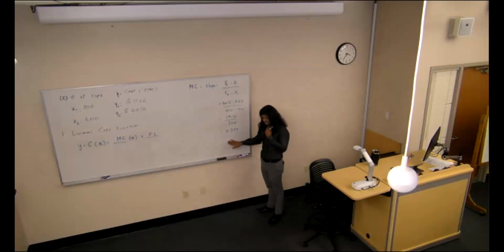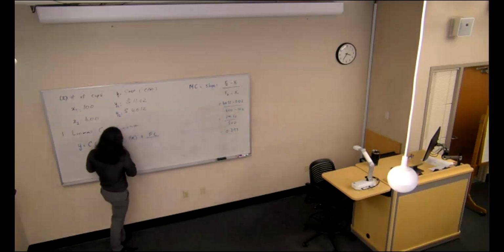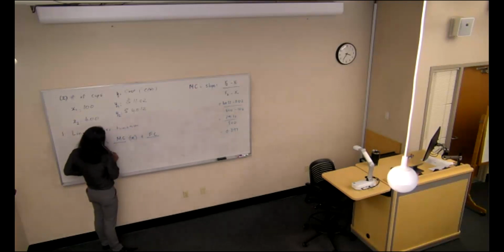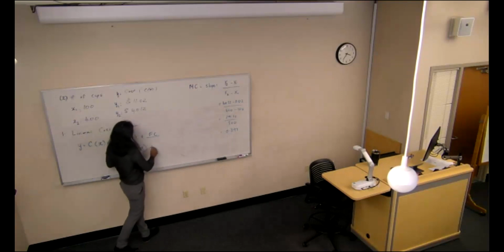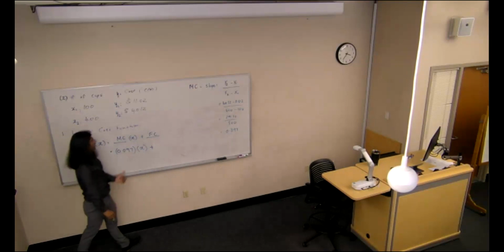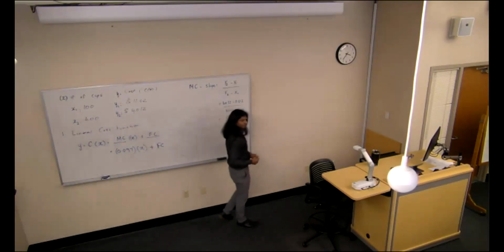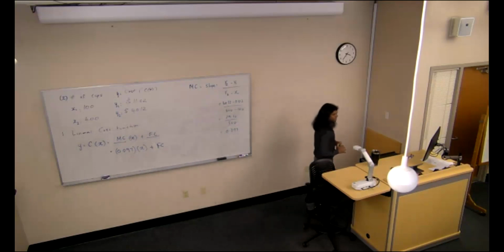So that is the marginal cost. Great. Got this part right. We need to find the fixed cost. How do we find the fixed cost? Which is nothing but the y-intercept.